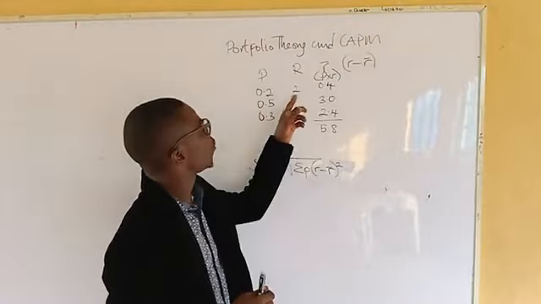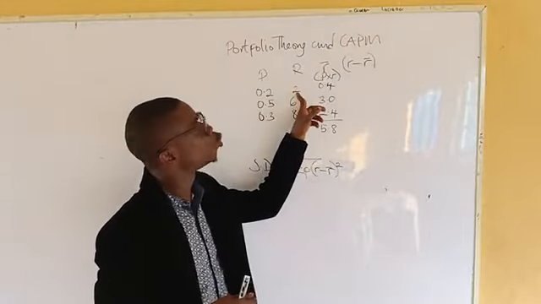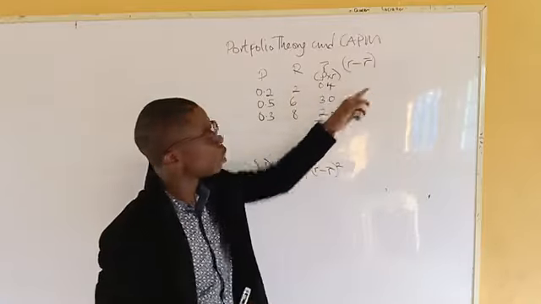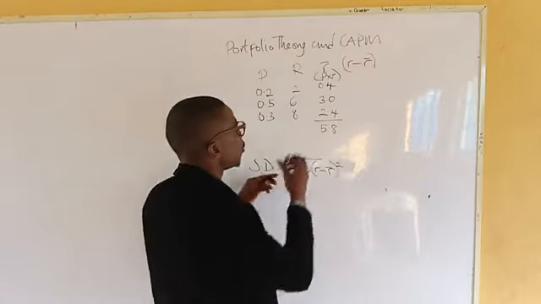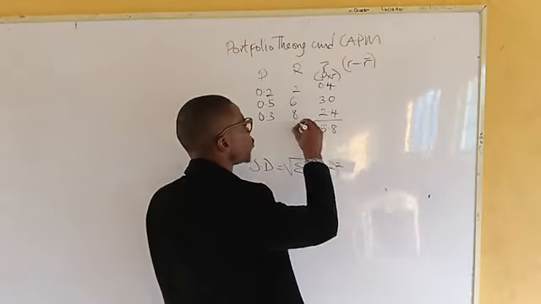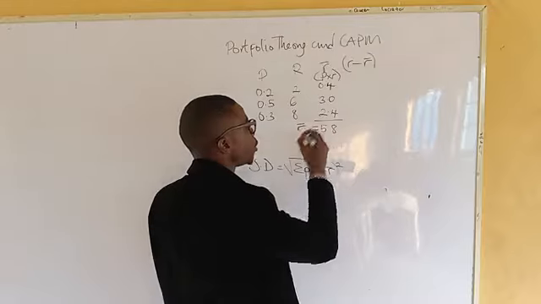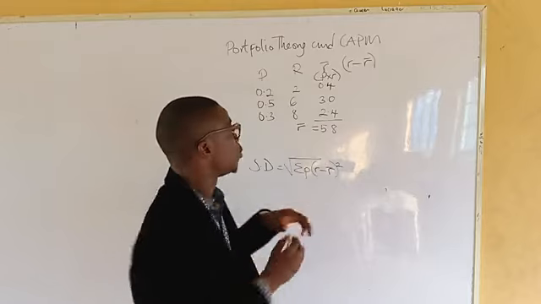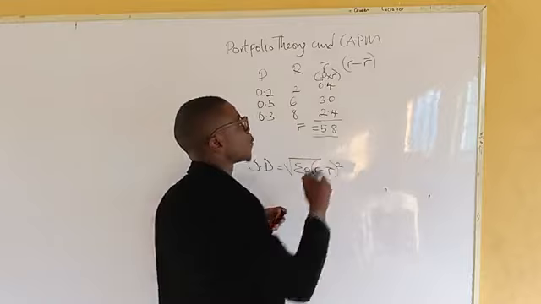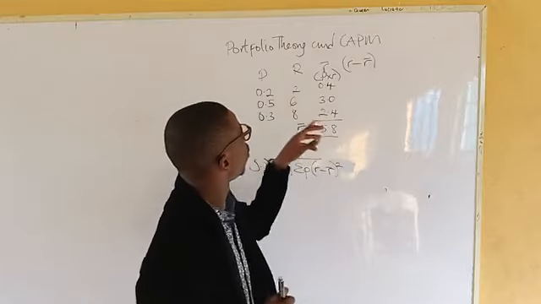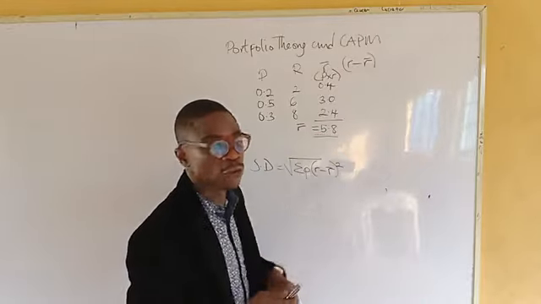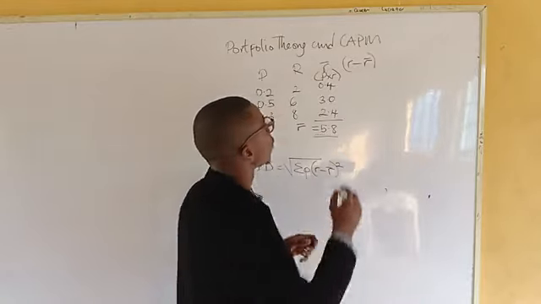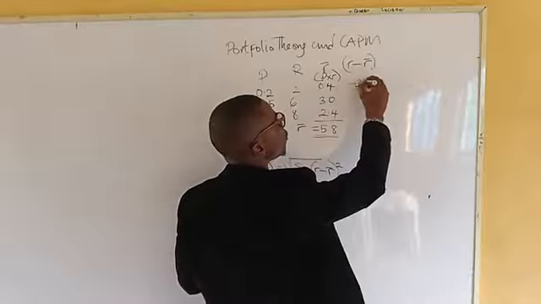Now look at the first. What's your R here now? 2. What's your R bar? 5.8. Yes, this is your R bar. Let me just write it there. That means your expected value. So 2 minus 5.8 will give us what? Minus 3.8.